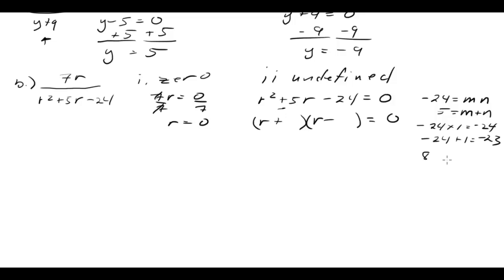Okay, 8 is bigger than 3, so let's make that a positive 8 times a negative 3. That's going to be negative 24. 8 minus 3 is 5. So that works. So the plus 8 goes here, and the minus 3 goes here. And again, this equals 0 when that equals 0. Right? So r plus 8 equals 0. And that's going to be 0 when r equals minus 8.